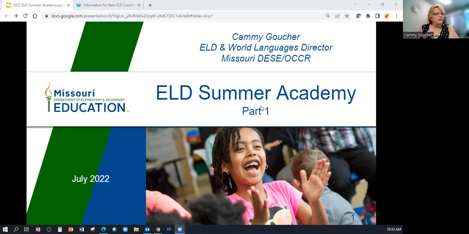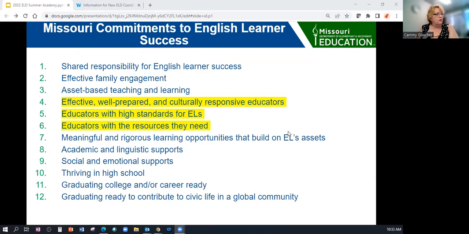All right, so part one, again, we're going to talk a little bit about the rules and regulations. We have on the DESE webpage Missouri's Commitment to English Learner Success Blueprint, and it has 12 different categories that you see here.